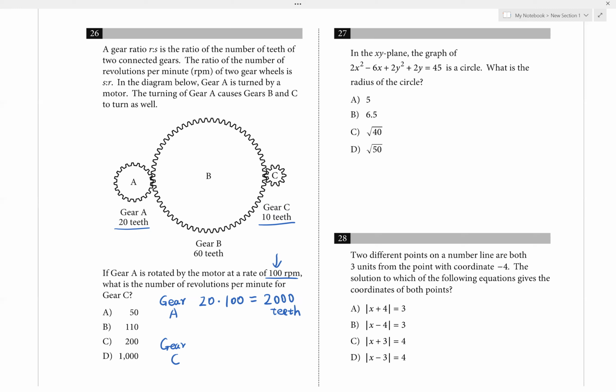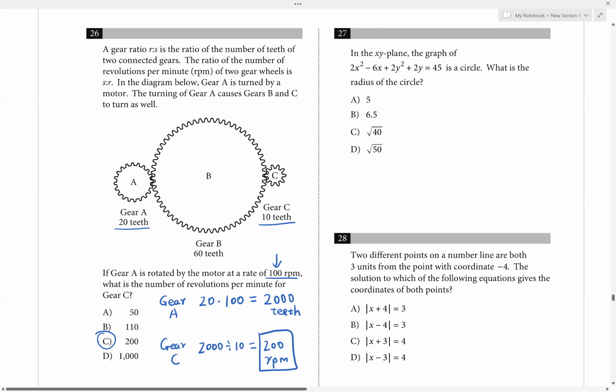Right, we want to know how many revolutions per minute. We can just take the total 2,000 and divide it by the number of teeth for each revolution. That should give us how many revolutions per minute. Okay, so take the total 2,000 divided by 10. We're going to get 200. Okay, so 200 RPM. All right, and that should be our answer, which is letter C.